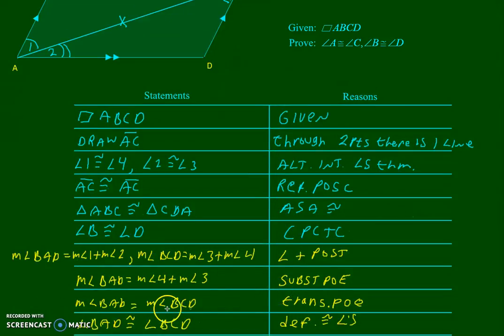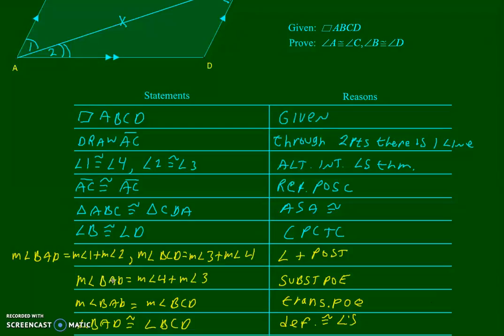And then we have the measure of angle 3 plus the measure of angle 4 equals the measure of angle BCD. And so we have A equals B, B equals C, therefore A equals C. That's the transitive property.